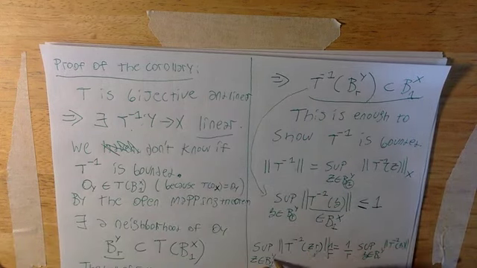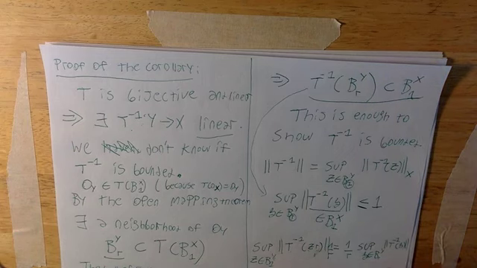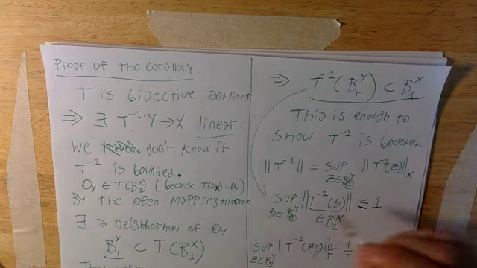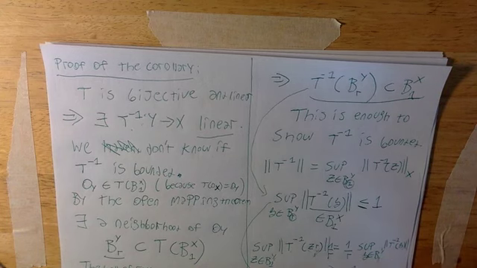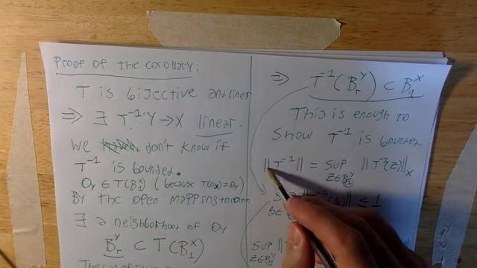If z is in the ball of radius 1 of y, z times r is in the ball of radius r, little r. But in particular, by this property here, we have that this is less or equal than 1 over r. Okay, but this is just the norm of T inverse.